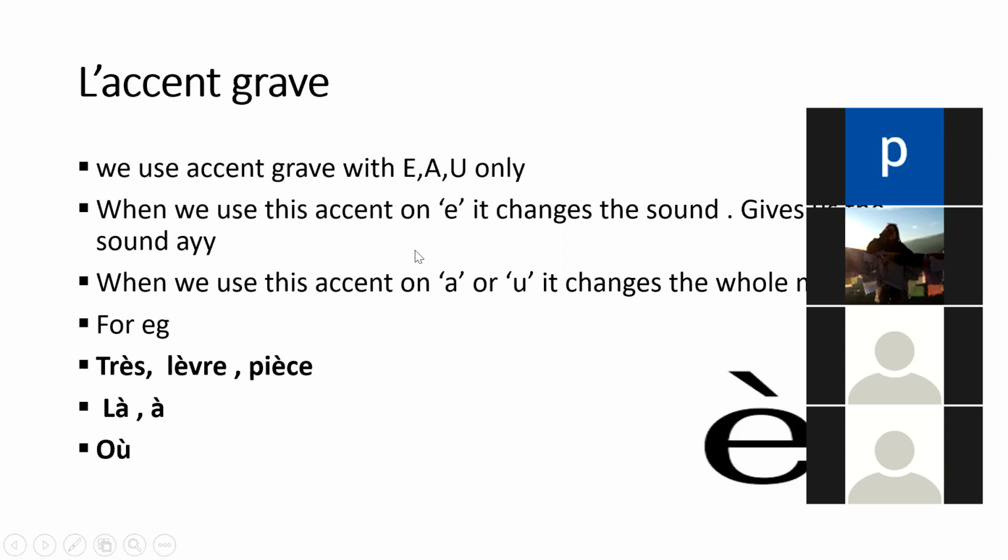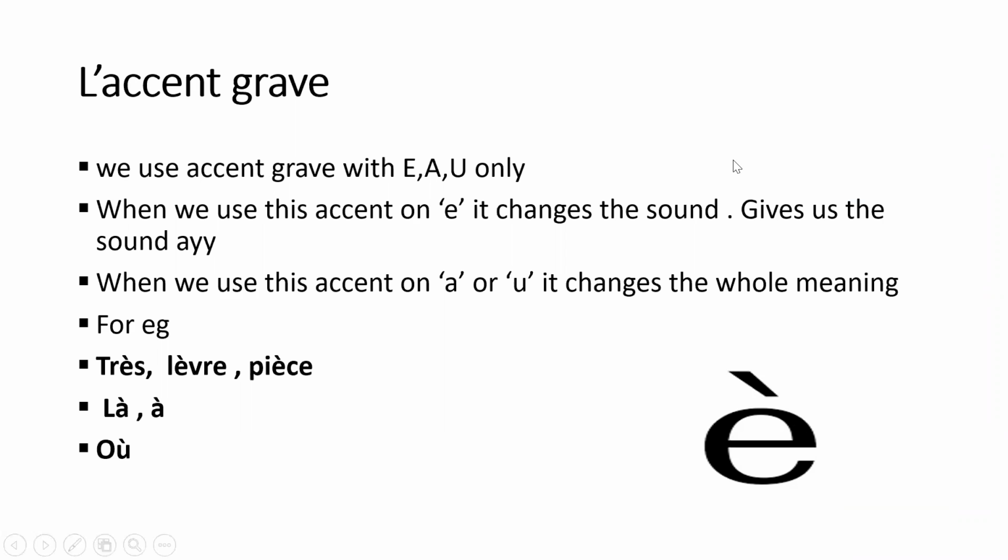So उसके बाद हमारे पास next accent है Accent Grave. So the name of the second accent is Accent Grave. ठीक है? We use this accent over E, A, and U. जो हमारा पिछला accent था, that we only used over E, है ना?